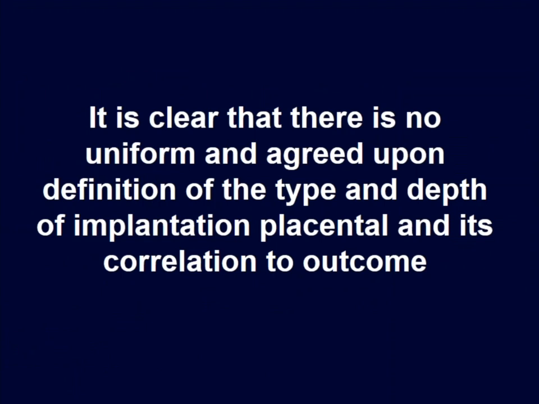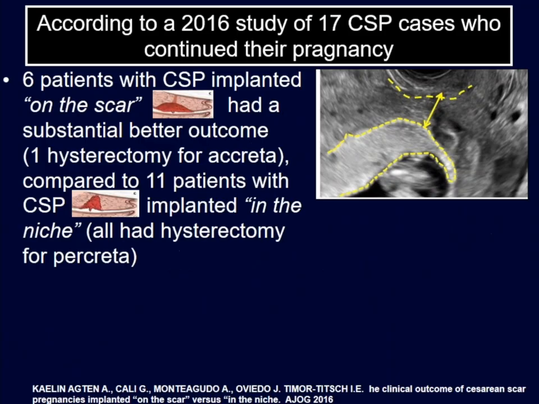It is clear that there is no uniform agreed upon definition of the type and depth of implantation and its correlation to outcome. According to our 2016 study of 17 scar pregnancy cases who continued their pregnancy, 6 patients with scar pregnancies implanted on the scar and had a substantially better outcome.